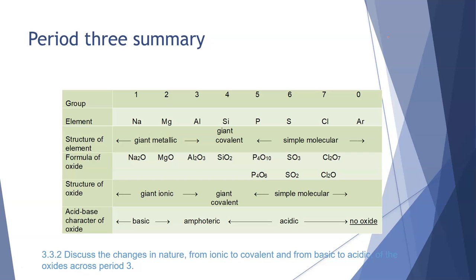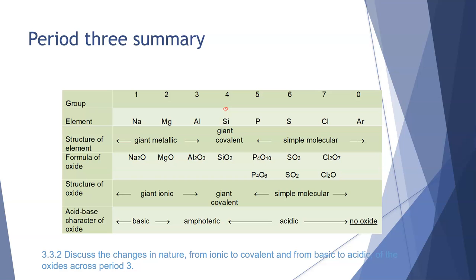So this is a summary again of period 3 elements, and this looks at the element type. Of course, these are metals, metalloid, non-metals, and this starts to lead into what we will look at again later in term 1 when we come back from our summer break, in terms of the type of bonding that these elements will undergo.